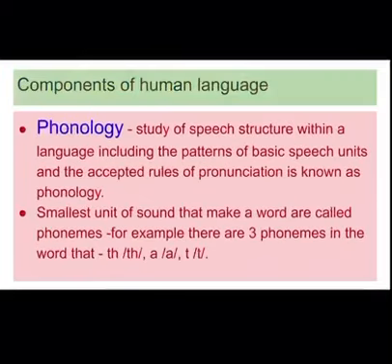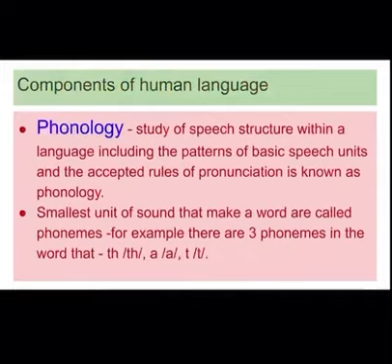Now let's discuss components of human language. Language has various components. The first and foremost component of language is phonology. The study of speech structure within a language, including the patterns of basic speech units and the accepted rules of pronunciation, is known as phonology.